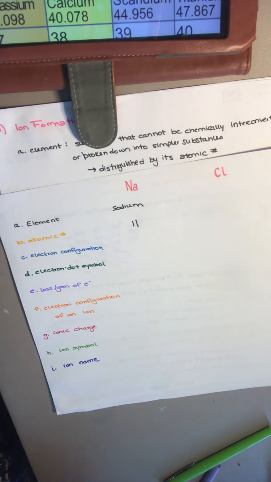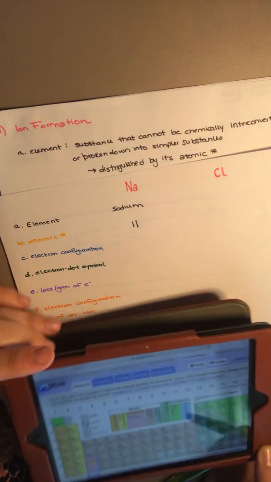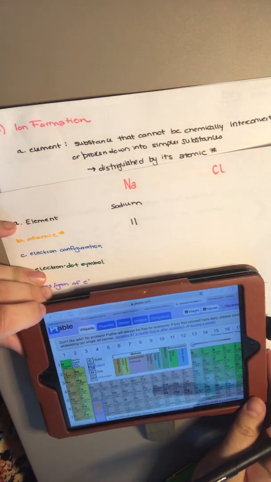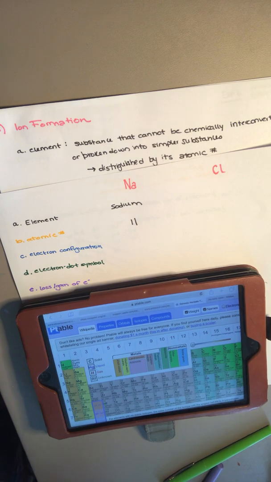When we're thinking about the electron configuration, I'll try to put this here so you guys can see it, but I really advise you guys to follow along on your own periodic table.